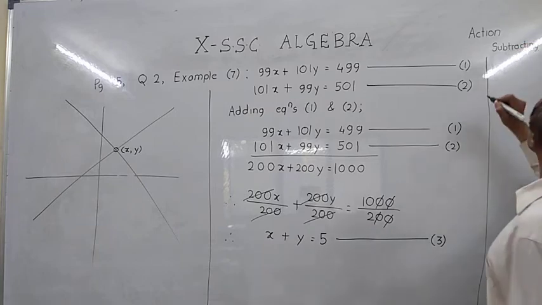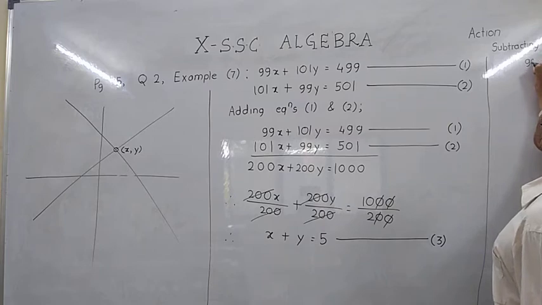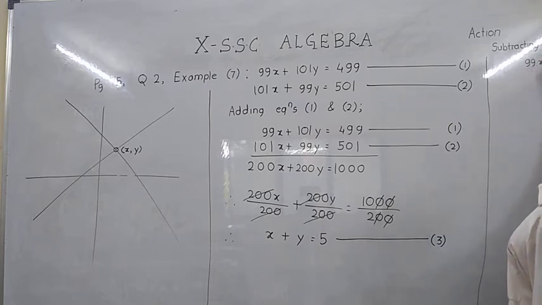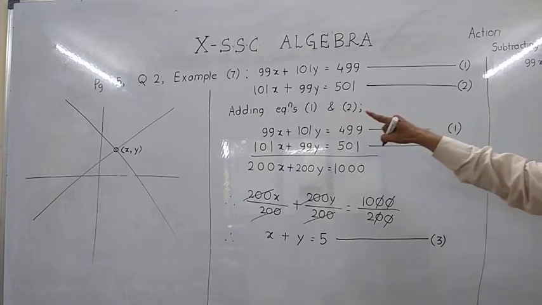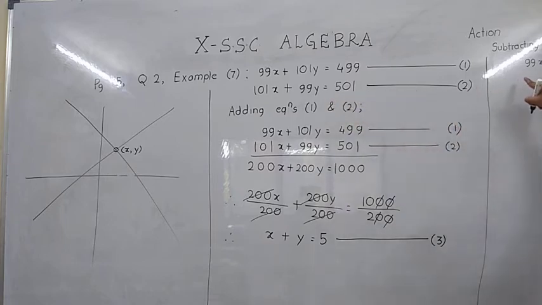What we get is 99x plus 101y is equal to 499. Then while subtracting, you have to write the whole equation in the same way, like 101x plus 99y is equal to 501.